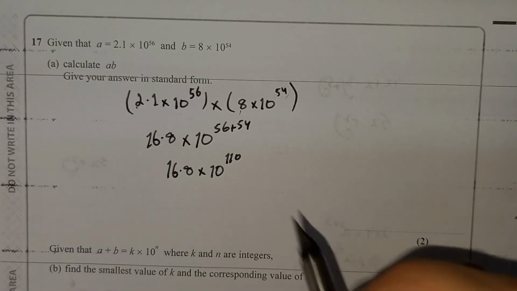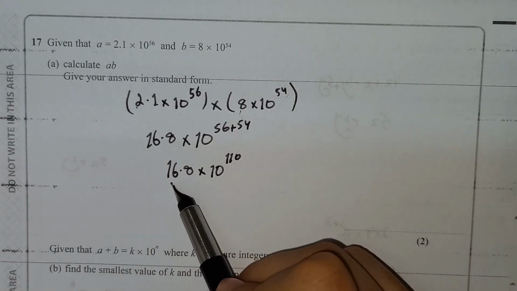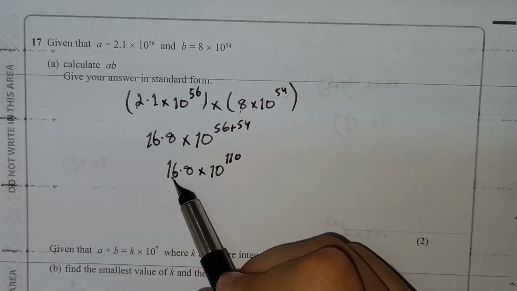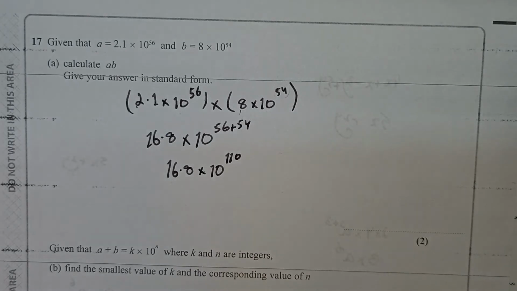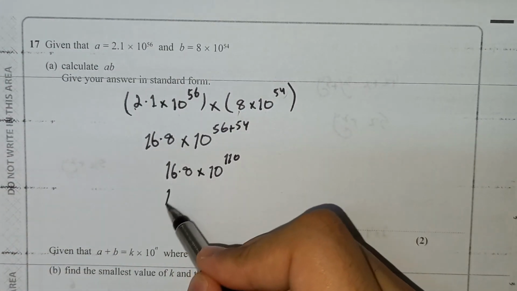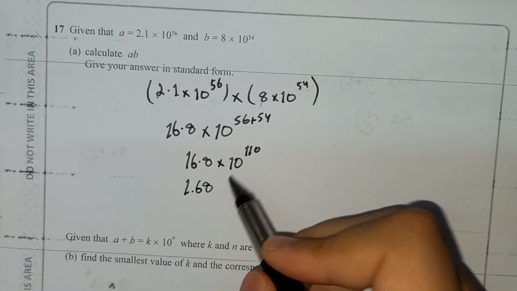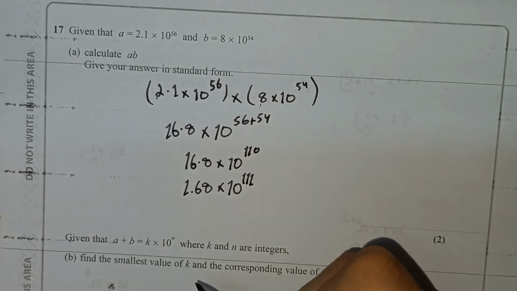10 to the power 110. Now to find the answer in standard form, this part always needs to be to one decimal. The decimal needs to be after the first number, so it has to be less than 10. So we will just move the decimal backwards one place, and that increases the power by 1.